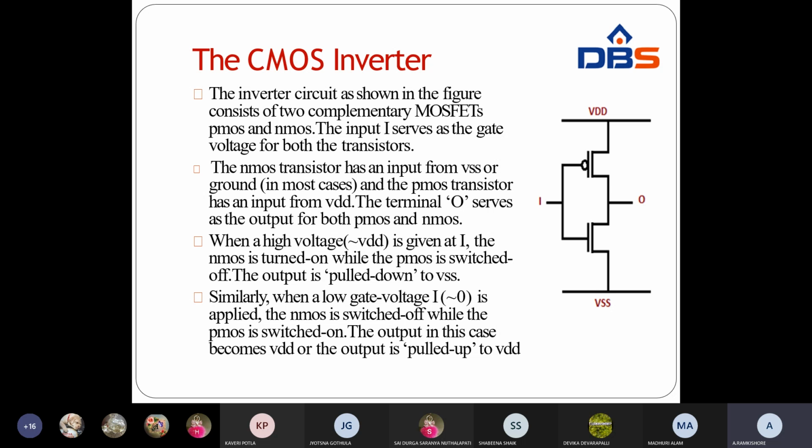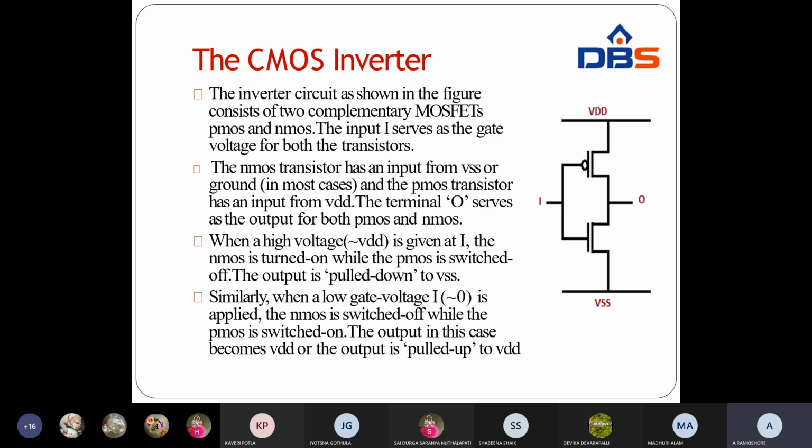In simple and clear-cut terms, whenever the input is in the high condition, the PMOS device will be off and the NMOS device will be on. PMOS off means it is open circuited from VDD to output, and the path will be created from output O to VSS.